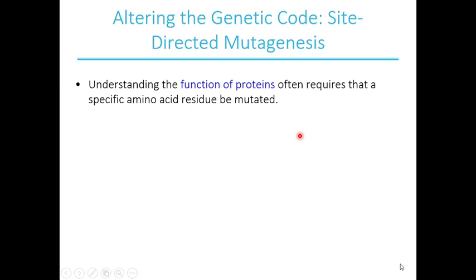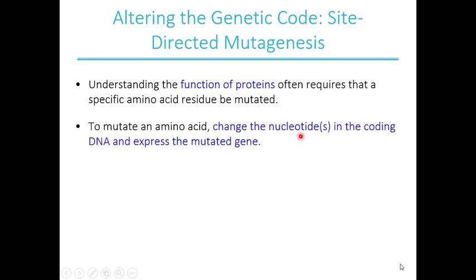To understand that, one typically mutates a specific amino acid in the active site or in the region of interest in the protein of their choice.